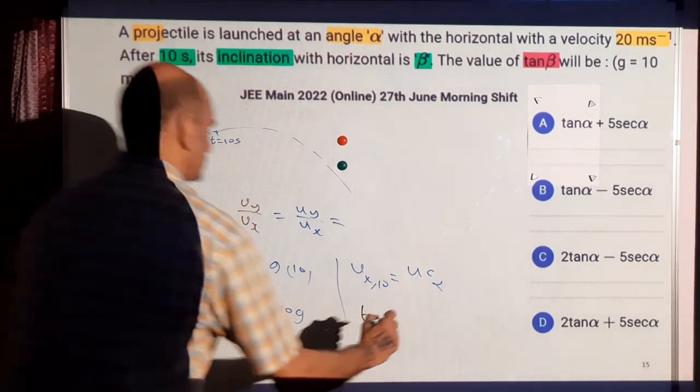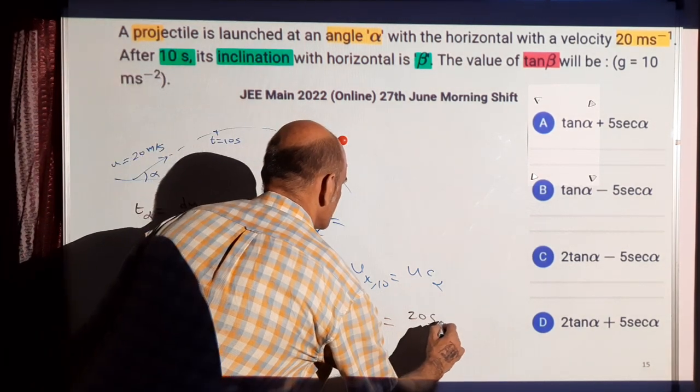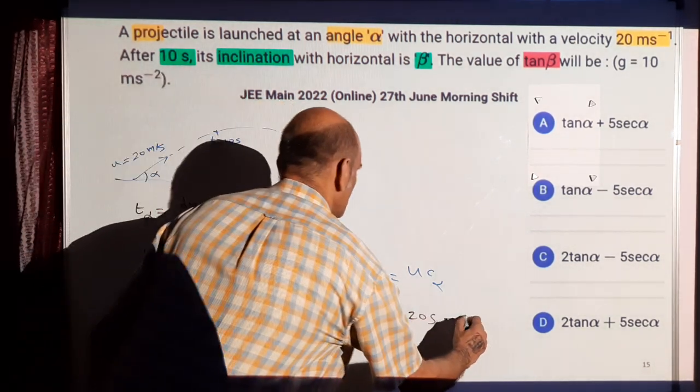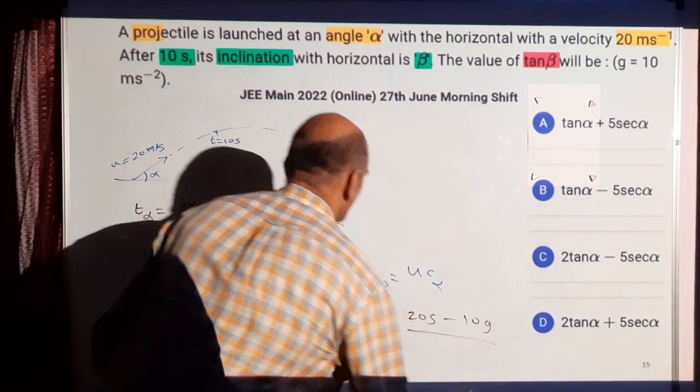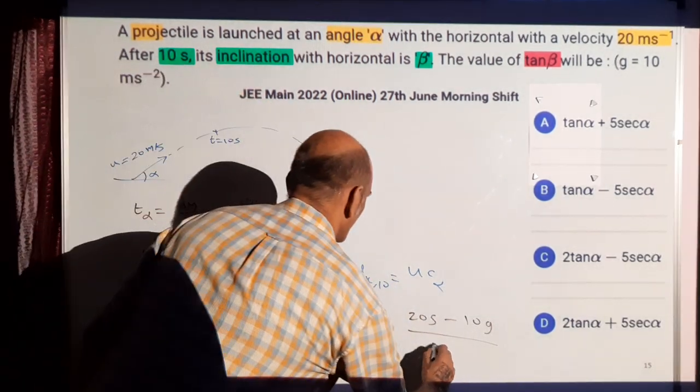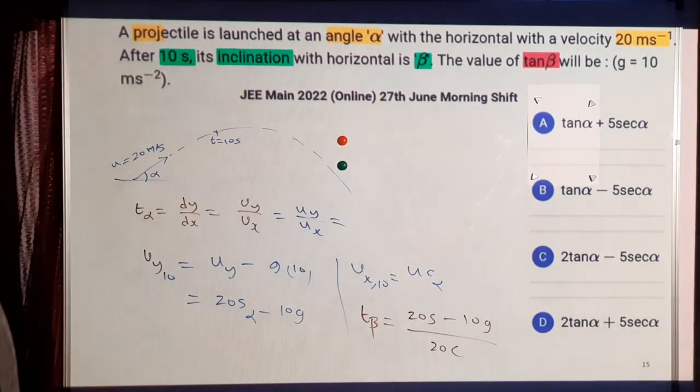Vy is this one, 20 sine alpha minus 10g, divided by 20 cos alpha.